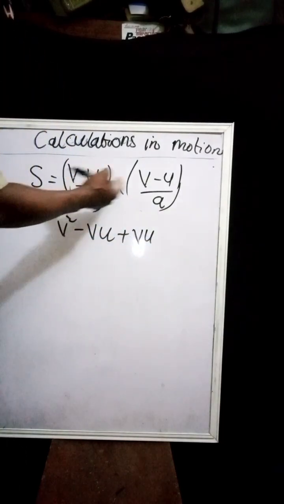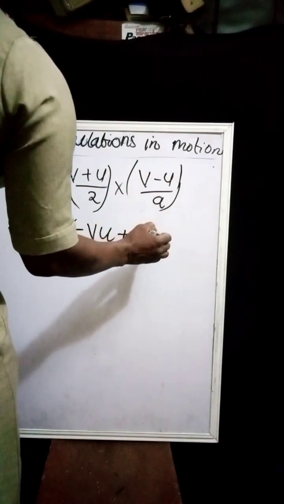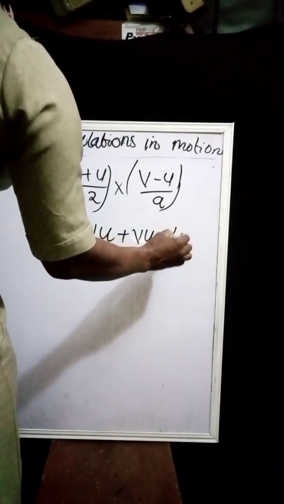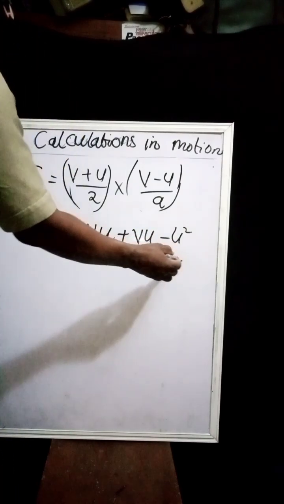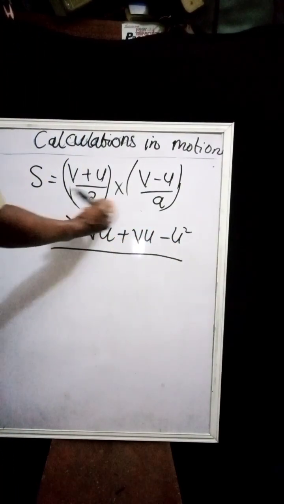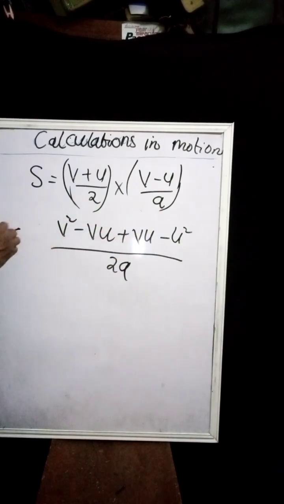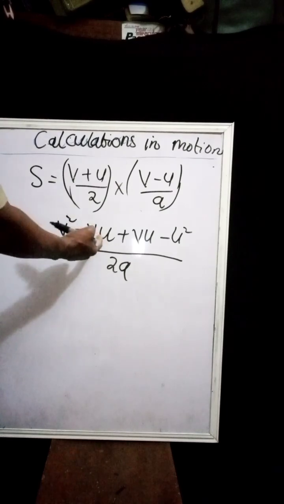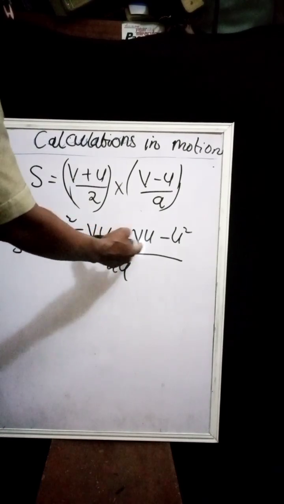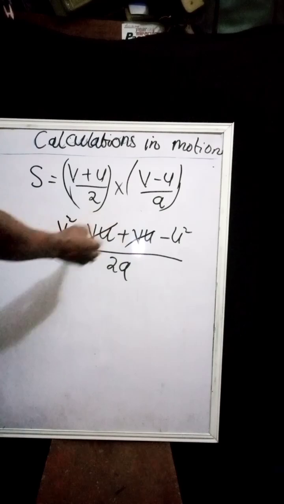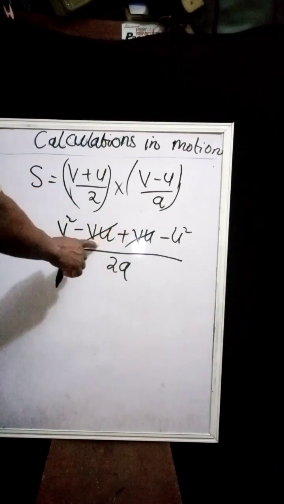Then u multiplied by negative u will give us negative u squared. 2 multiplied by a will give us 2a. So s is equal to that. So negative vu plus vu cancel this way, because this minus this gives us 0.